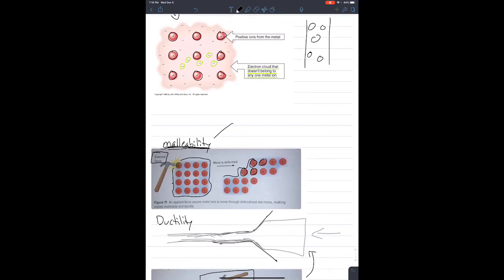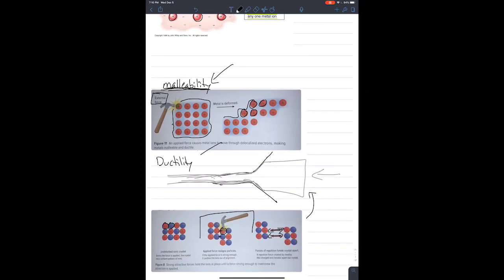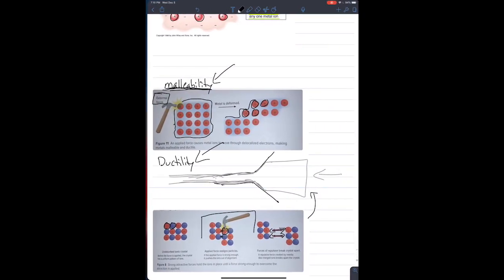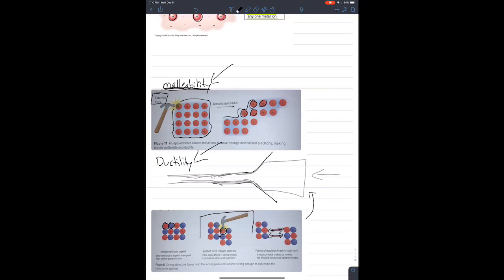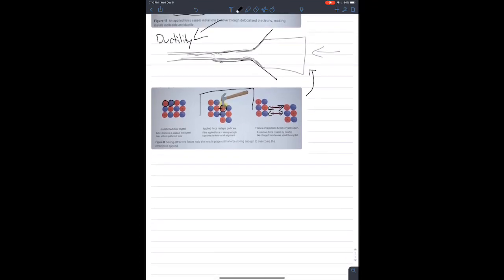It makes them malleable and ductile, and then the last thing is that it makes them good at conducting electricity. So I'll go over there in a second, but I'll write it down first. Good conductors of electricity. Because electricity is just the movement of electrons.